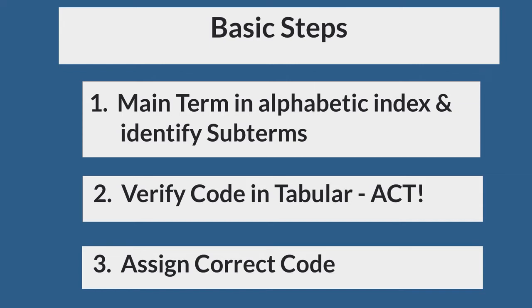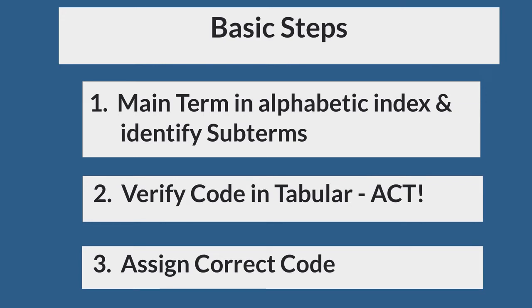It's always important to remember the ACT rule. ACT, always check the tabular. You should never, ever, ever stop coding in the alphabetic index. And number three, assign the correct code after checking the tabular list for any instructional notes or mentions of additional character assignment.